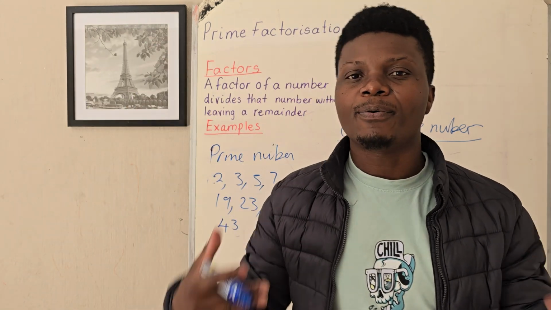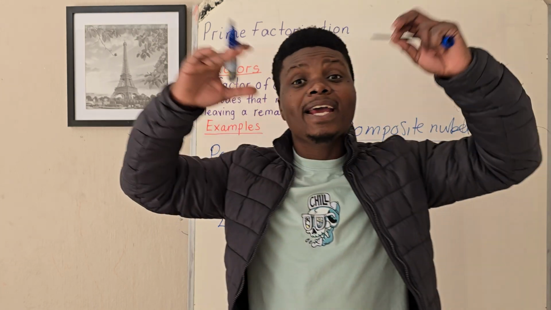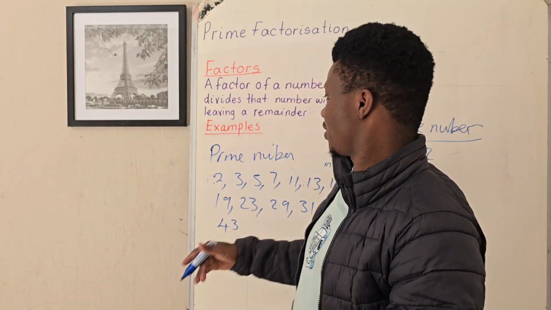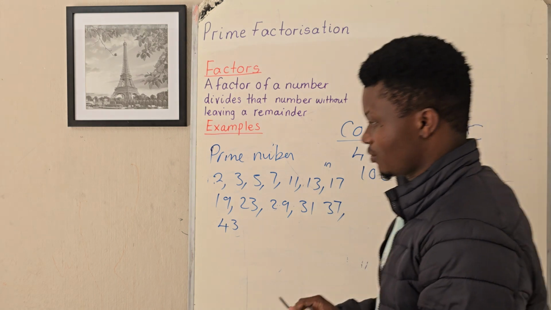So these are basically the prime numbers. We can break down any big number according to its prime factors. So let's get right in.